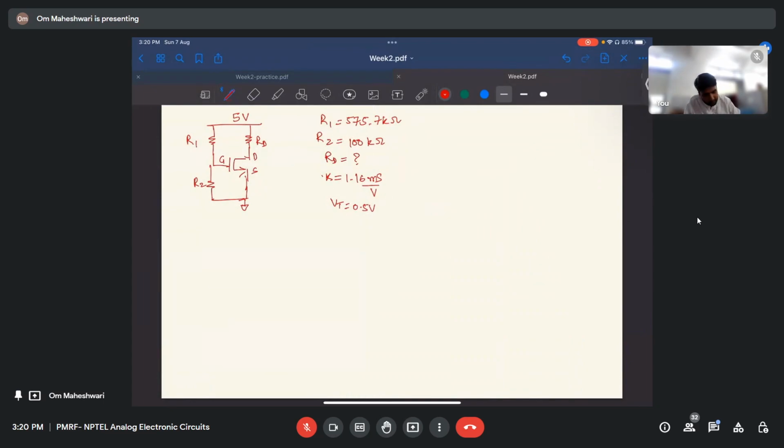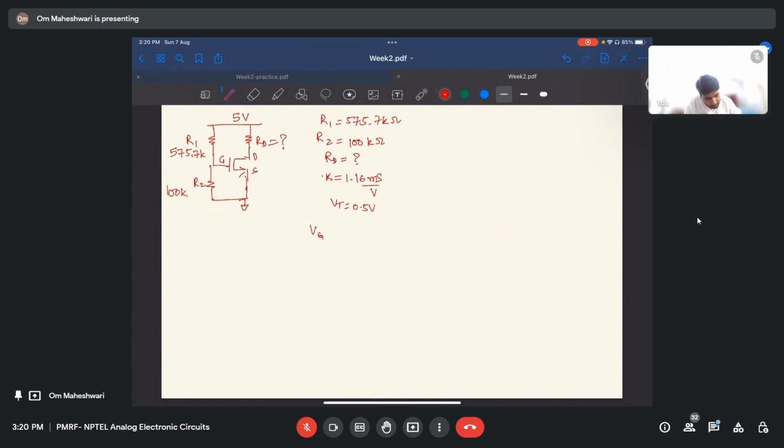So here is the circuit and I have written all the values. It is 575.7 K. It is 100 K. RD we have to find. So first thing is we have to find the voltage here, VG, right? So this is a simple voltage divider.